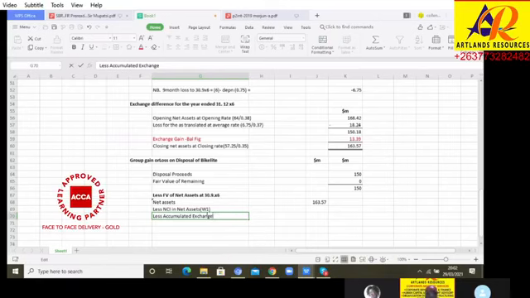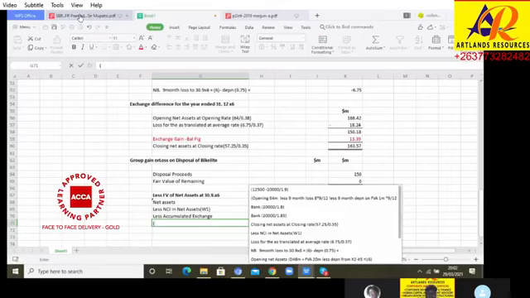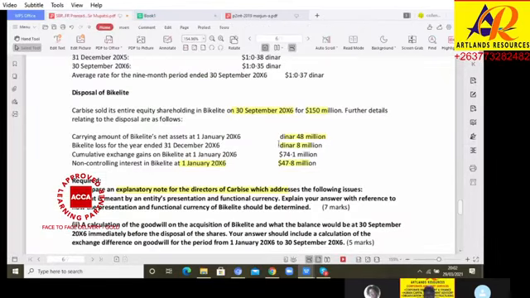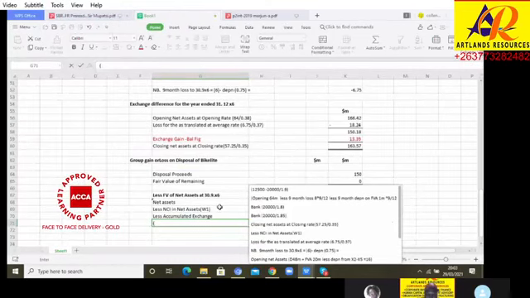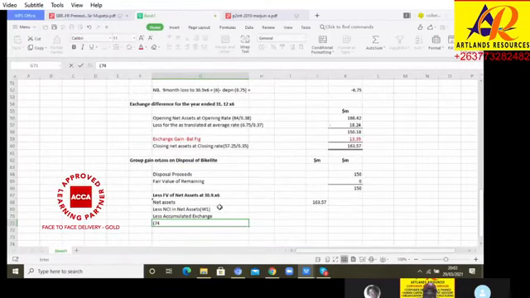I can open a bracket here and say the exchange differences that I'm given was 74,16. They are already in dollars, 74,16. Then I say plus exchange gain, exchange gain on goodwill.